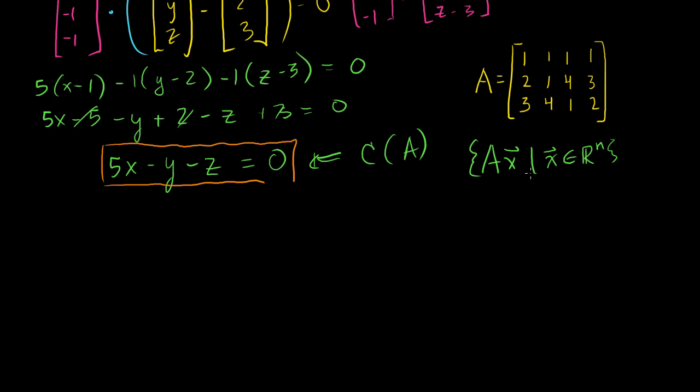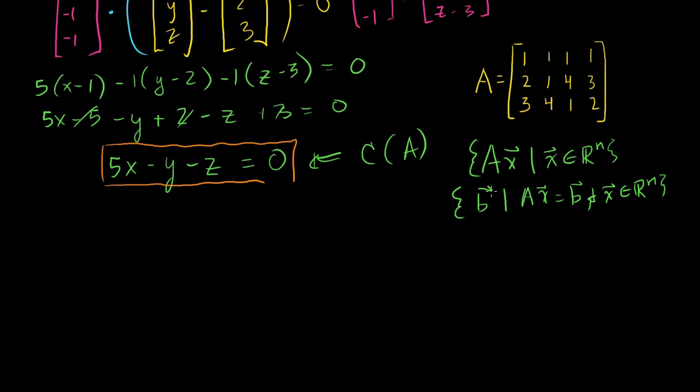Or another way we could think of it is we could view it as all of the valid b's where Ax is equal to b, and x is a member of Rn. These are equivalent statements. I'm just defining b here to be Ax. So these are equivalent statements.